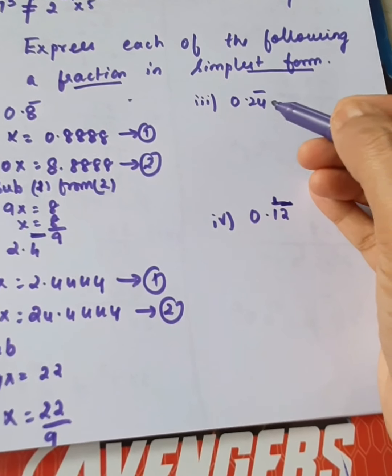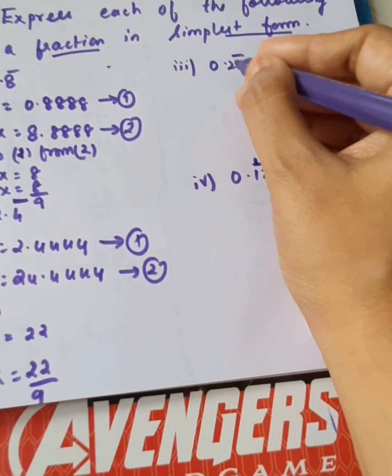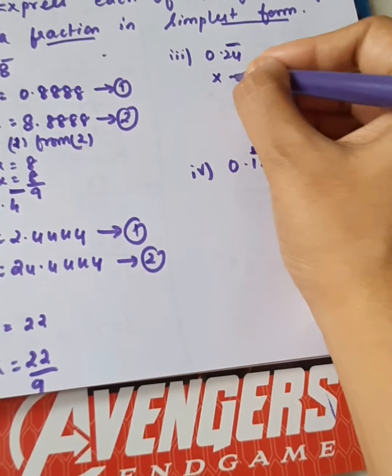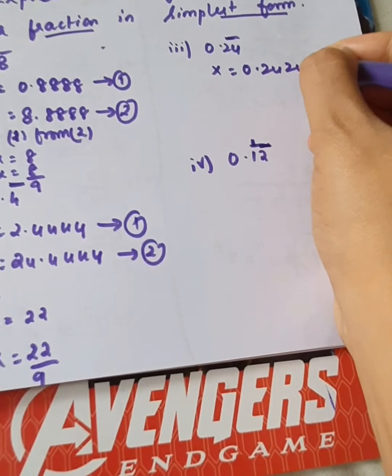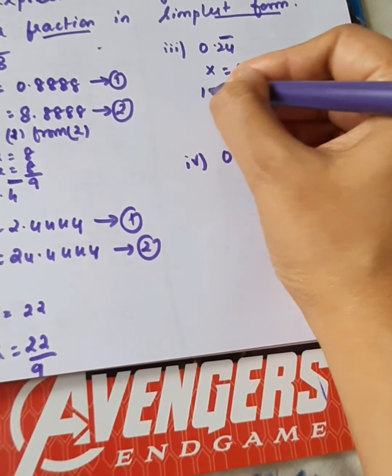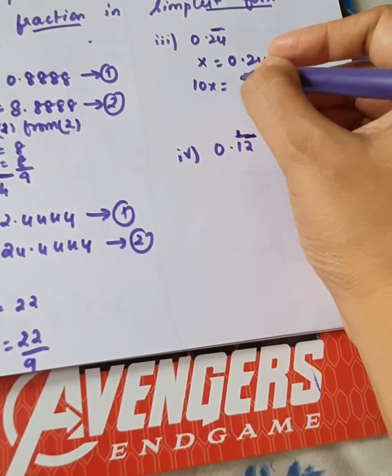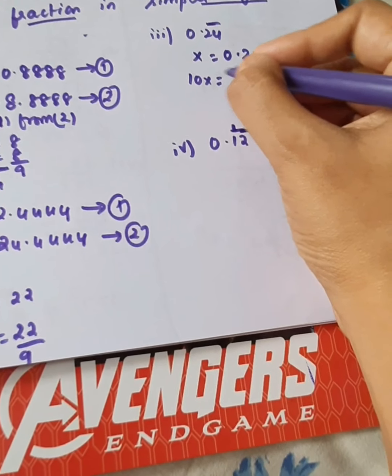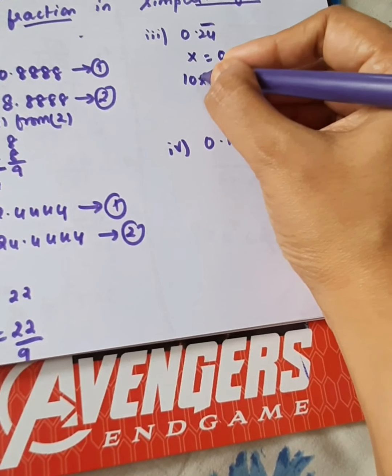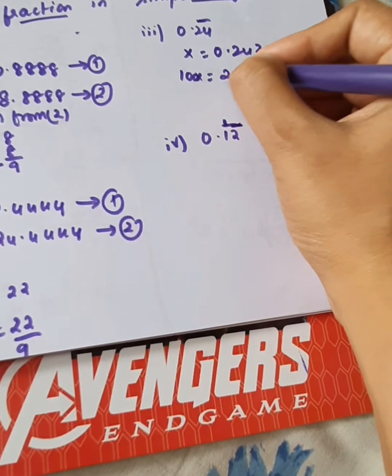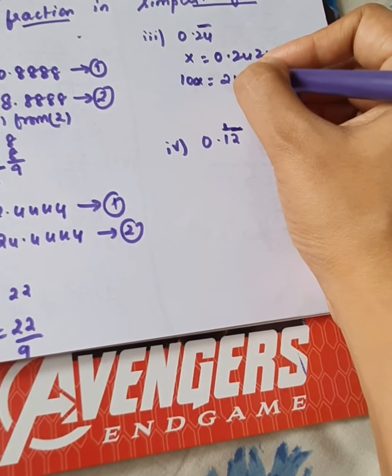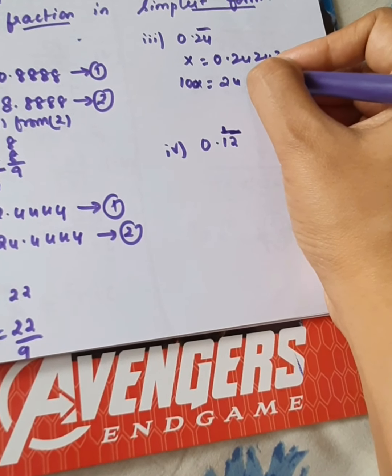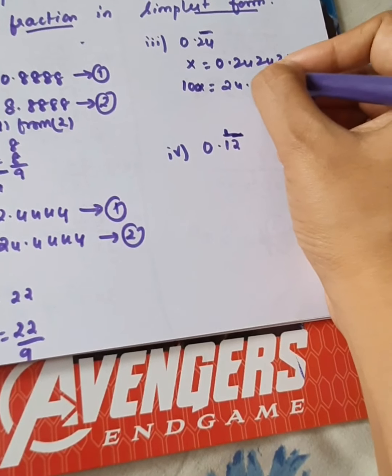Next, 0.24. So x is 0.24, with 24 repeated continuously without terminating. So 10x is 2.4, and 100x is 24.2424.